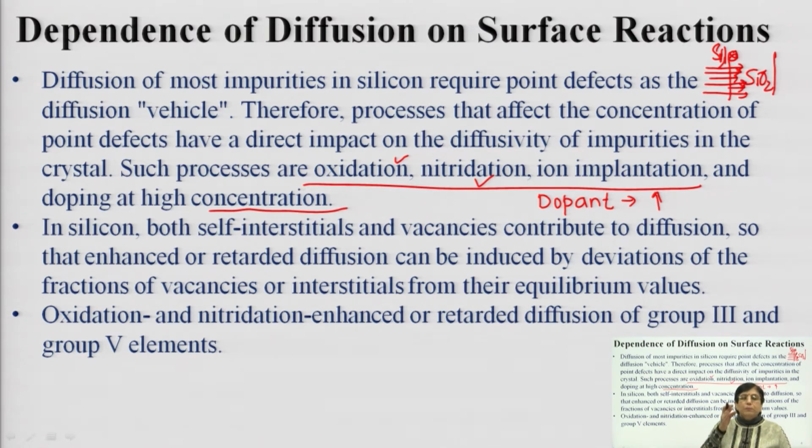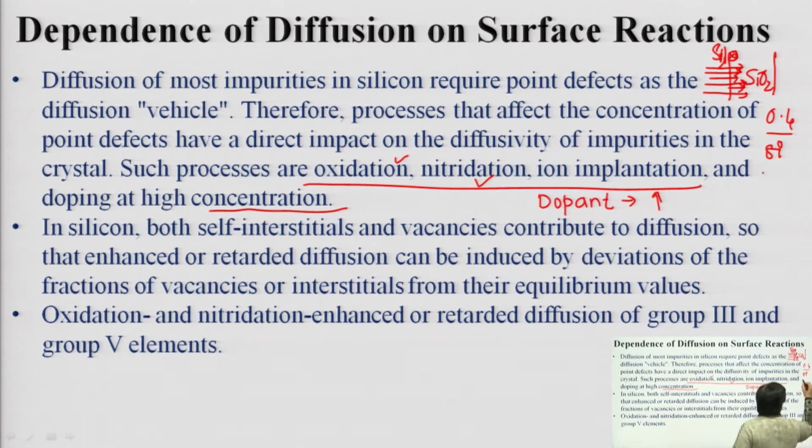Now, this particular formation of the SiO2 layer, as we have seen in oxidation: whenever an SiO2 layer of 1 unit thickness is formed, 0.44 unit thickness of silicon is consumed, and 0.56 of the oxide layer will grow.